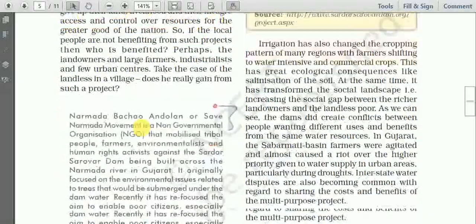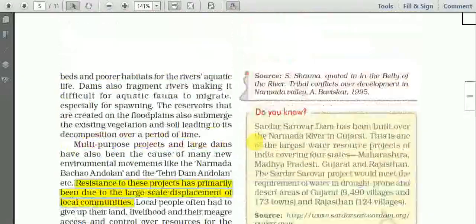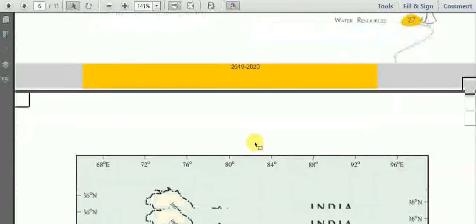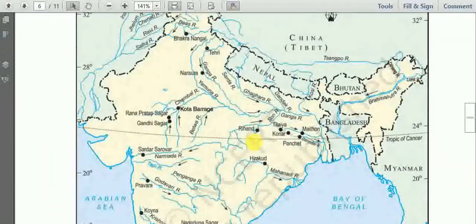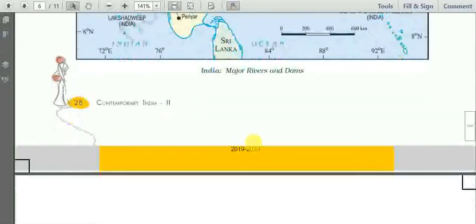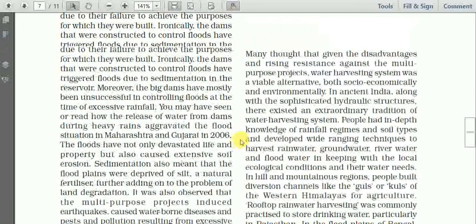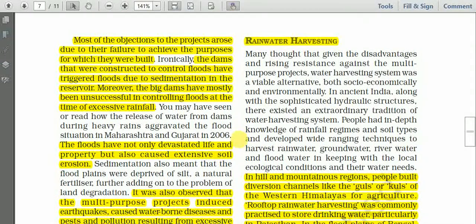Then, that is the map that we have already seen. And see here, why do multipurpose projects have so many objections?